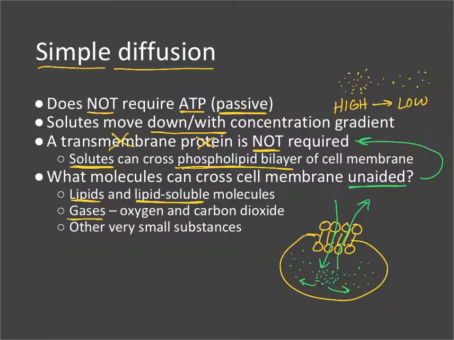Also our gases, so things like oxygen, remember oxygen is O2 and carbon dioxide is CO2, and those can go right across the cell membrane without any help. And then other very small substances are going to move across the cell membrane using this simple diffusion. So if it can cross the phospholipid bilayer, then it can move by simple diffusion.